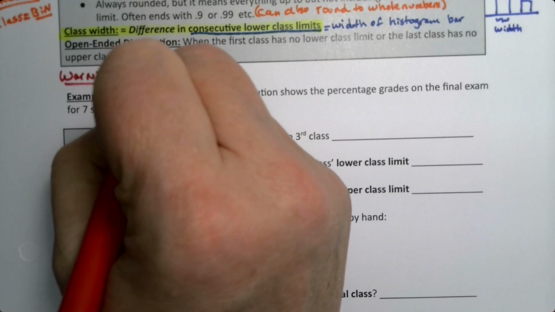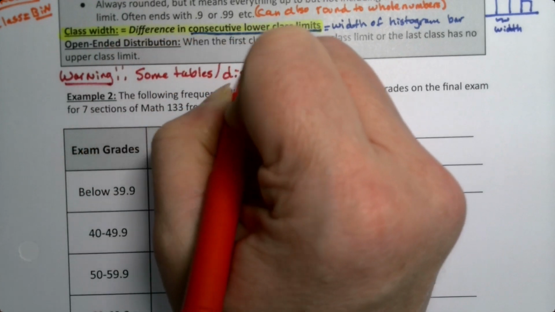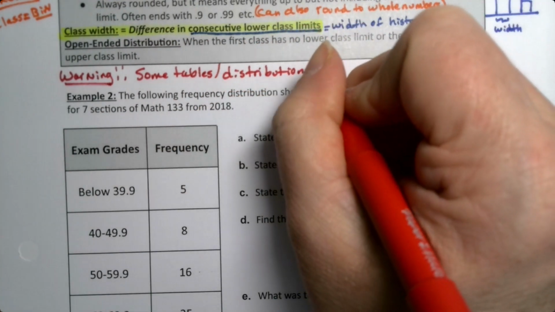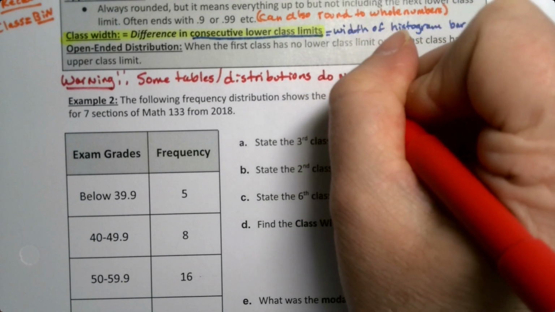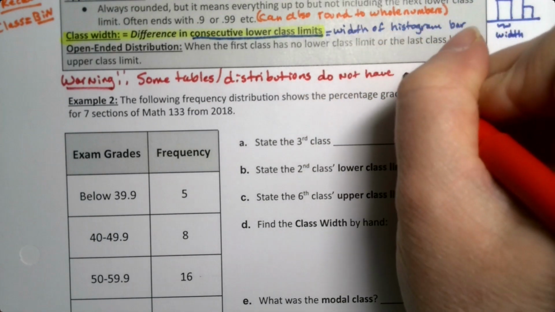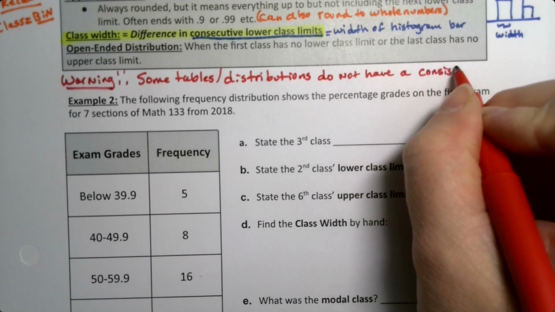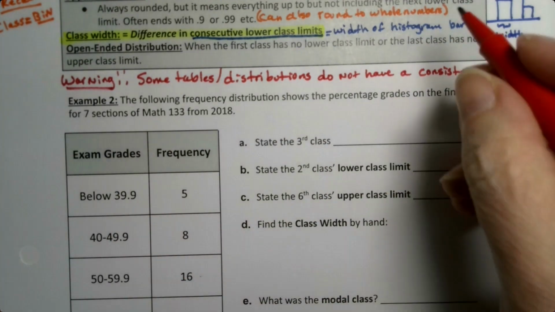Some distributions, some tables, do not have a consistent class width. A class width has to be consistent. It has to be the same throughout the whole table. Open-ended classes don't count, so they're no big deal.